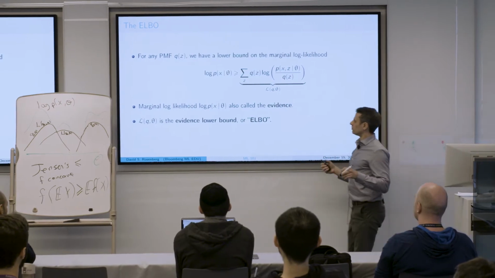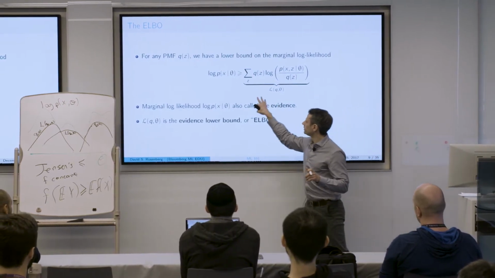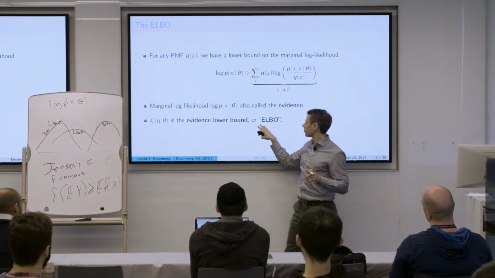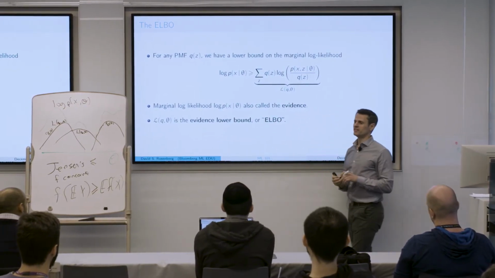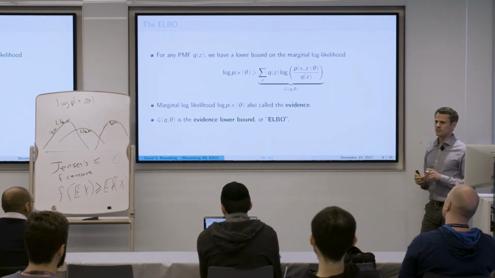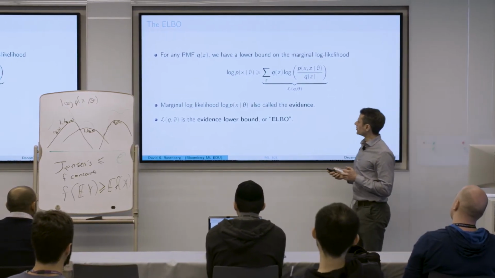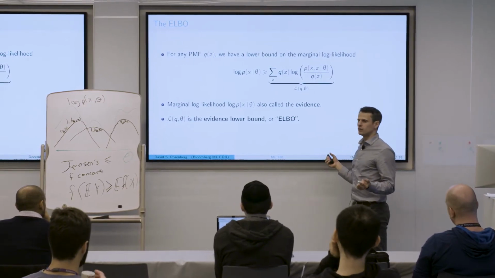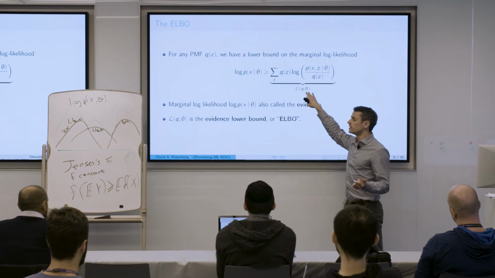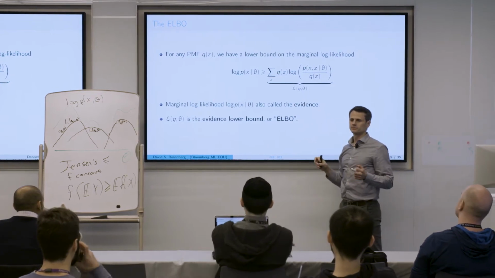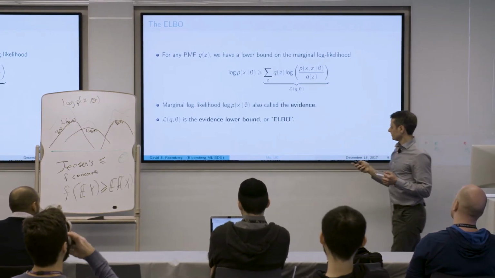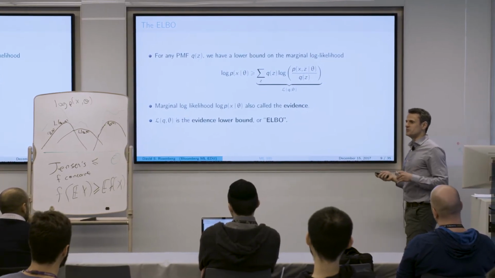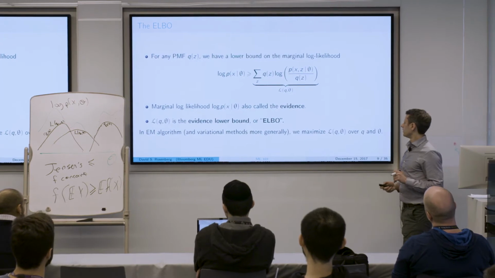More importantly, this lower bound is called the evidence lower bound, or ELBO. You'll see ELBO a lot. And so the EM algorithm is basically maximizing the ELBO over theta and q. That's more or less all there is to it. Now it's just a few details.